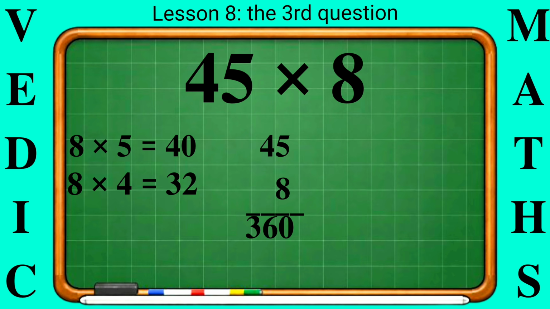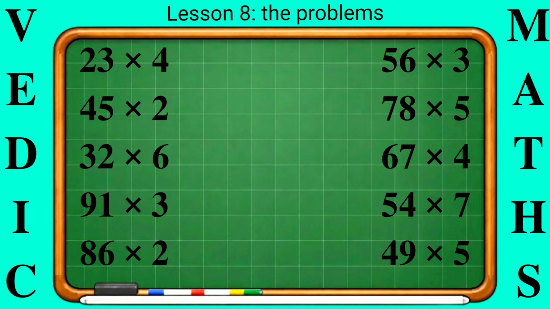So now we add 32 with the carry. The carry is 4. So we add 32 with 4, which will be equal to 36. So now we put 36 and 0 side by side and we get the answer 360. So now you can try those problems and don't miss the next lesson.